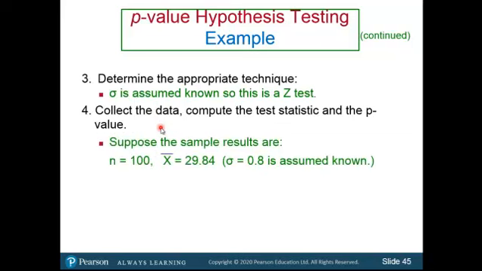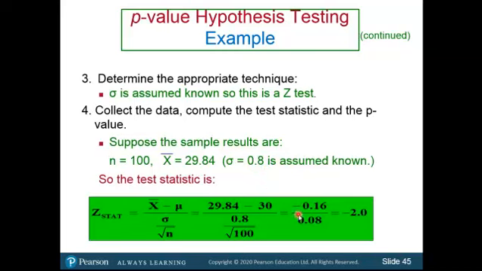Suppose the sample results are n equal to 100, sample mean equal to 29.84, and standard deviation equal to 0.8, assumed known. So the test statistic is again negative 2.0. So z-stat equal to negative 2.0.